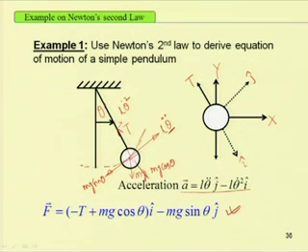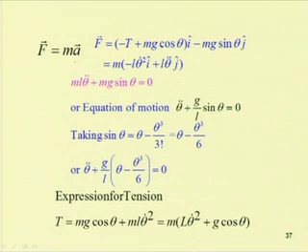L is the length of the simple pendulum. Now, by substituting F equal to ma, F equal to minus T plus mg cos theta i minus mg sin theta j, which will be equal to m into minus L theta dot square i plus L theta double dot j.